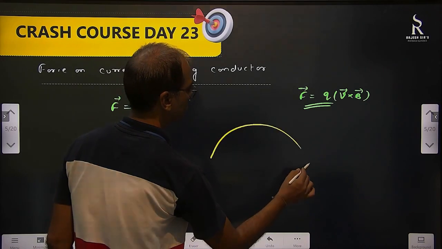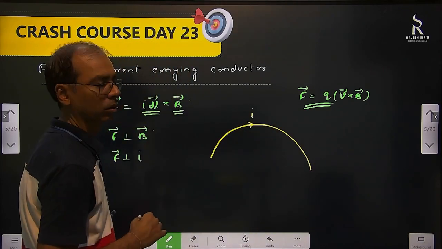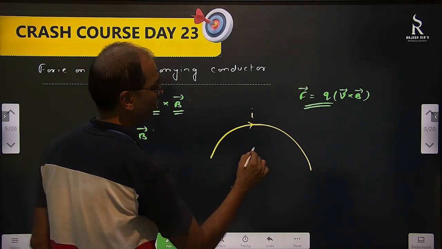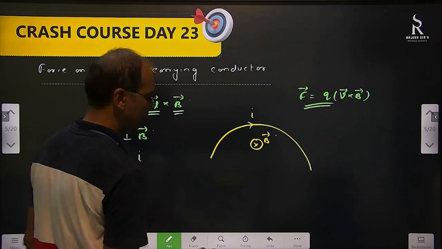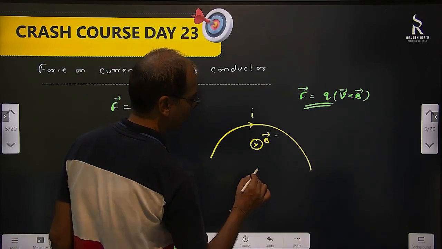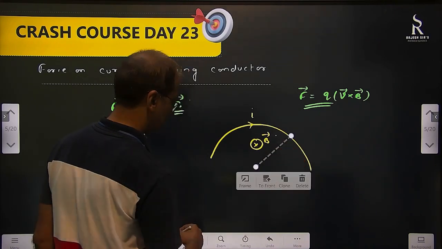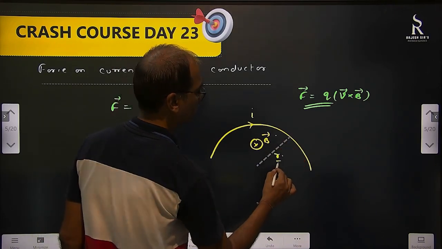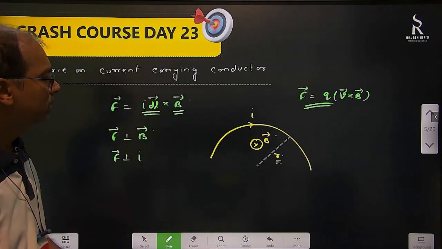Suppose it's like this. This is the wire which is carrying current I, and there is a magnetic field inside. The radius of this is R. Then what will be the force and what will be its direction?